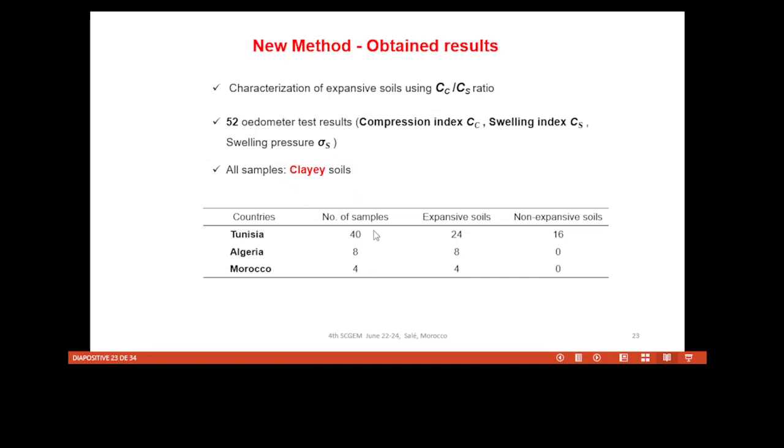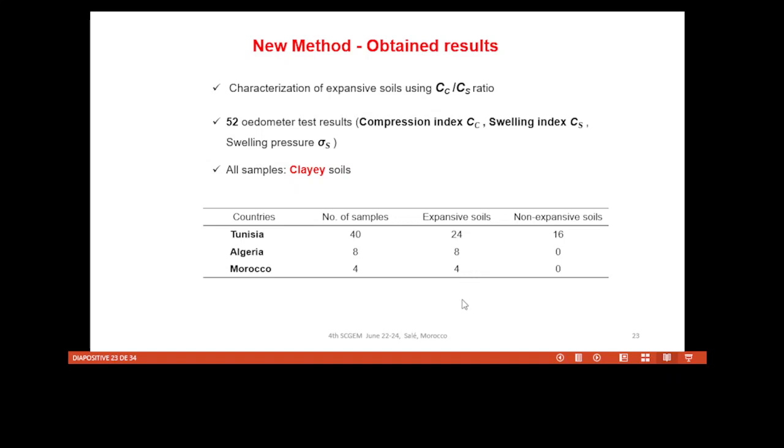And this table shows that 40 samples come from Tunisia, 8 from Algeria, and 4 from Morocco. And considering the Tunisian data, only 24 samples are expansive soil, while 16 are not.